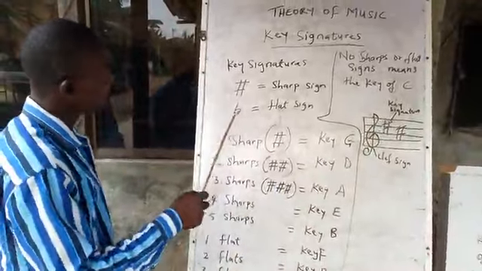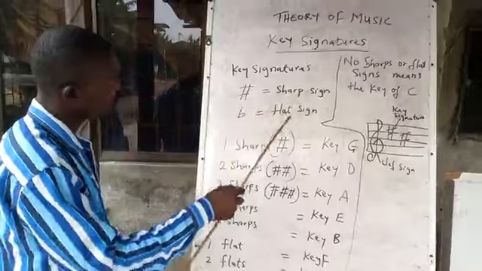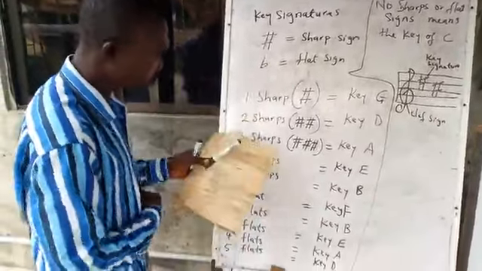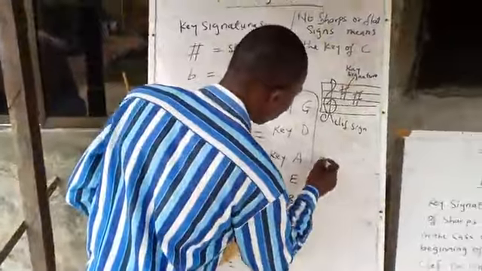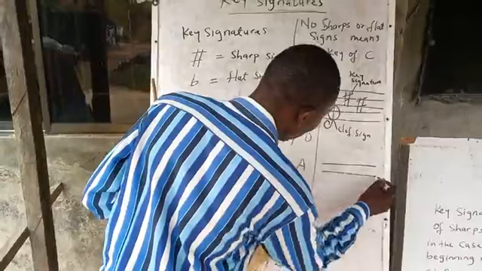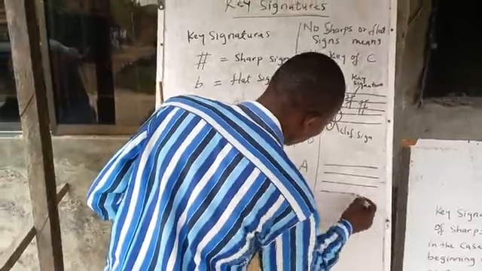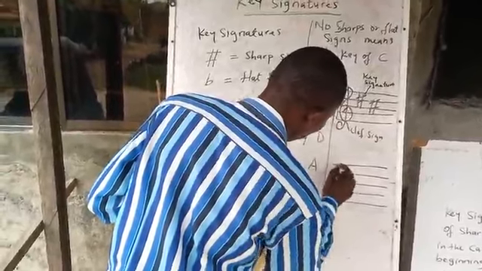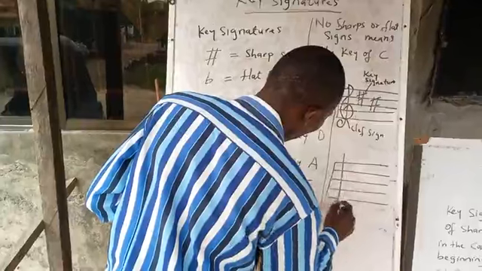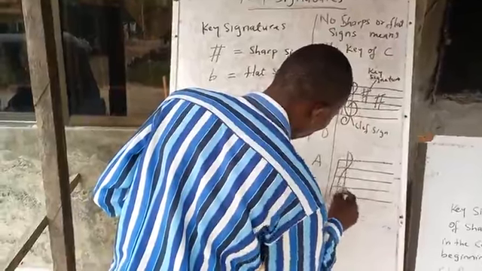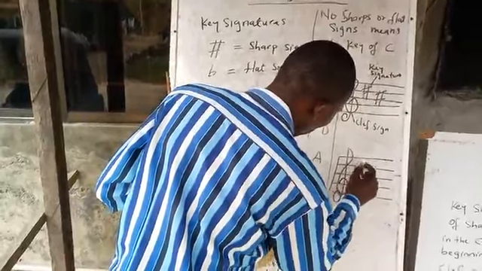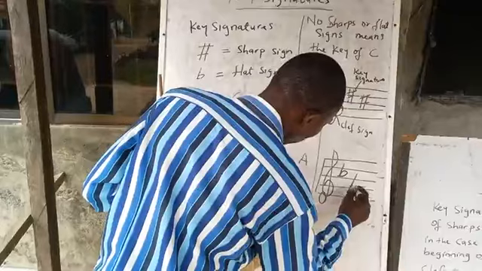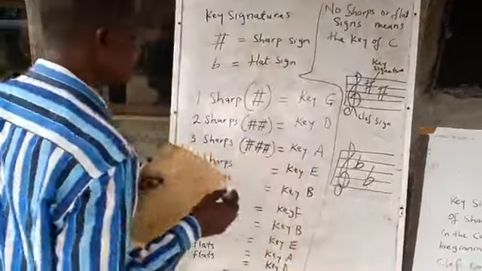Now let us talk about the flat sign. Whenever you see a flat sign, something like a small b this way, it is drawn from the bottom to the top. Always draw, but permit me to do 1, 2, 3, 4, 5. Don't worry, I did not do it very well.